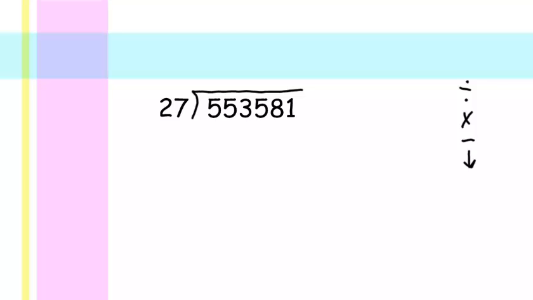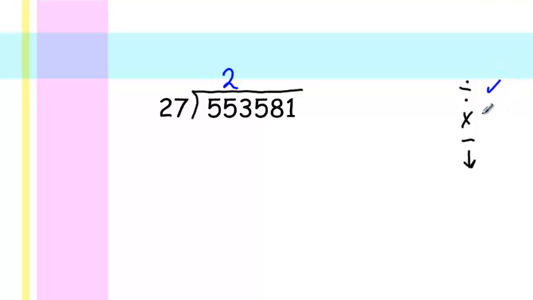Okay, this problem is a little bit harder. We've got 2 digits to deal with. But the steps are all the same. So we're going to do the divide step first. 27 goes into 55. Well, you can guess, but in the interest of time, it goes in twice. So that's the divide step.